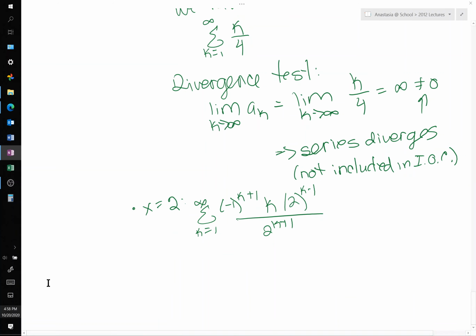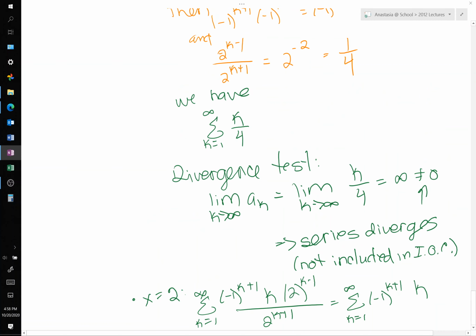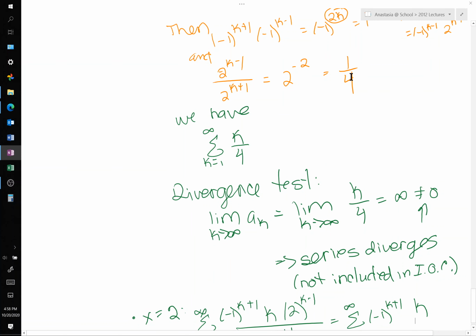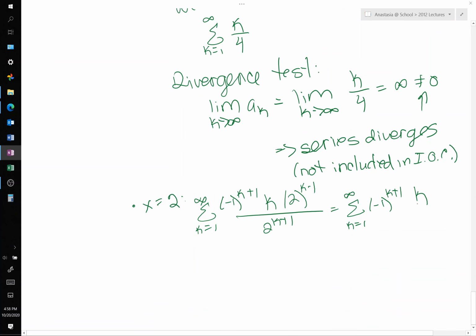There's a lot of stuff that simplifies similarly here because the only difference is we have a +2 instead of a -2. So that means that we're not going to have anything affecting our -1 raised to a power. So we'll have the sum from k equals 1 to infinity of -1 to the k plus 1 and a k. The 2's still combine in exactly the same way as what we saw up here, so that we end up with a 1/4. So we have k over 4.